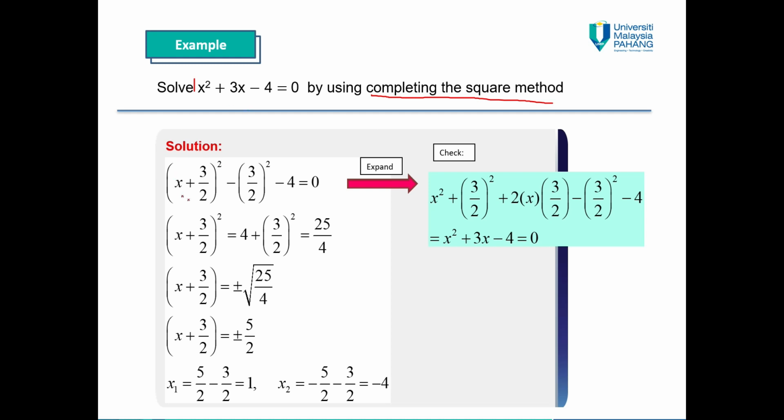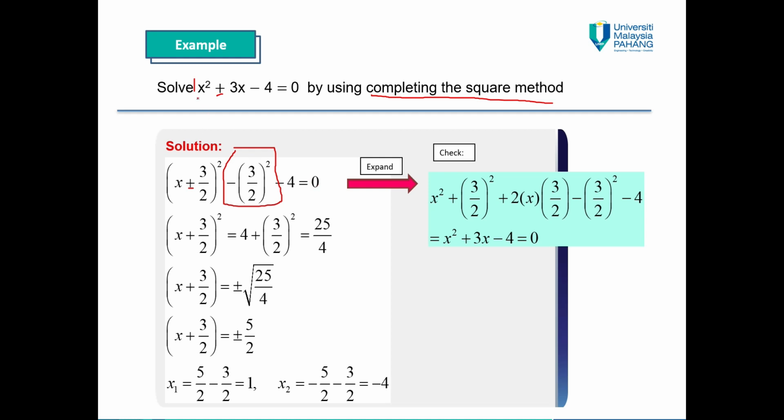So write down in this form. So x plus, since it is plus, so this one is plus. So write down 3 over 2, and then we put square outside. And then we need to minus 3 over 2 square, minus 4 equal to 0.